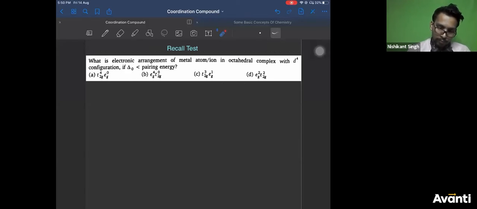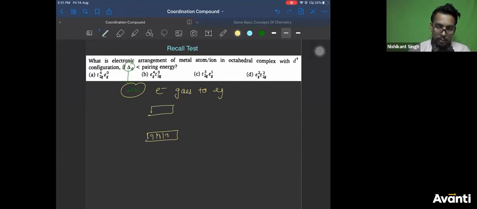So most of you have answered C. That is correct also. If delta O is less, that means electrons go to EG. So after filling 3 electrons in T2G, 1, 2, 3, the fourth electron will go to EG. So your configuration will be T2G3, EG1.